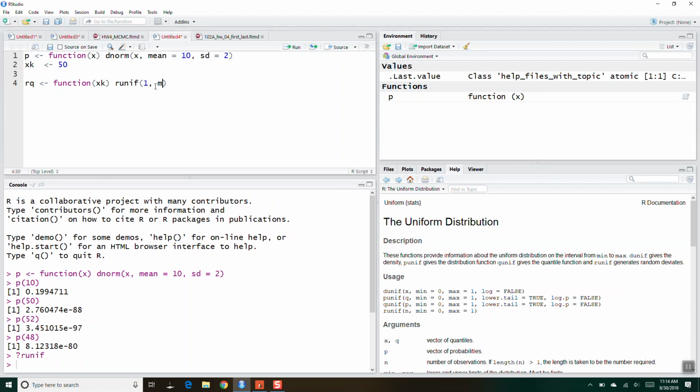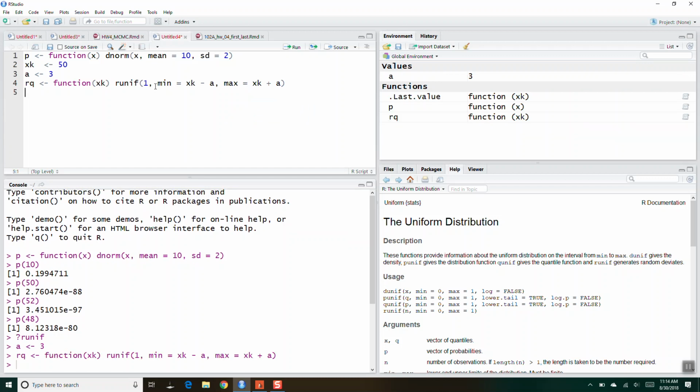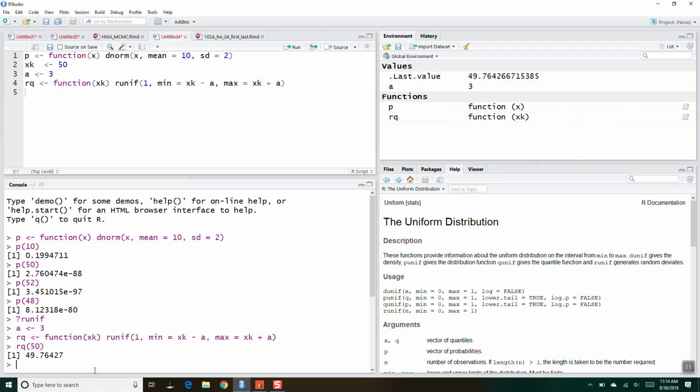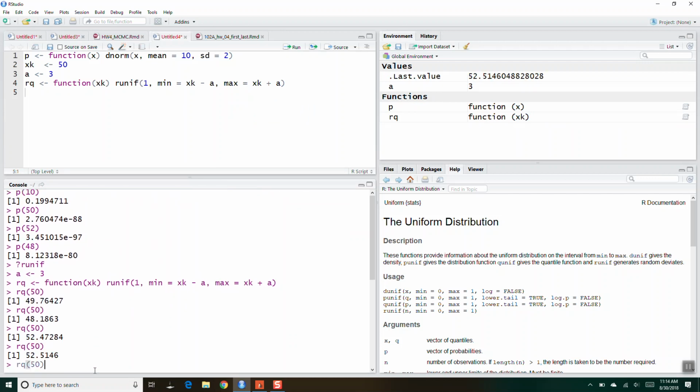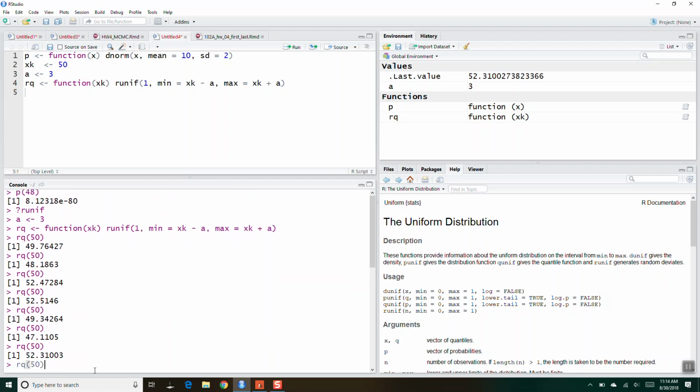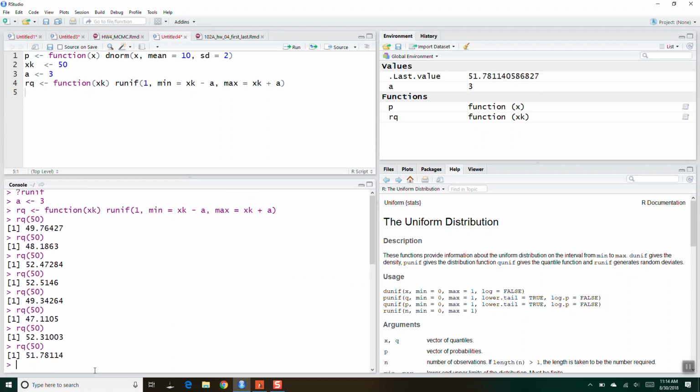Okay, so the min will be equal to xk minus a, and the max will be xk plus a, right? And then we'll just set a equal to, let's say, 3. Okay, and so RQ will be that, and we'll just say, okay, if I give you the value 50, what kind of value will you propose? And it proposes 49.7. If we try it another time, it's just proposing random values between 47 and 53. Okay, it just gives us back one value.